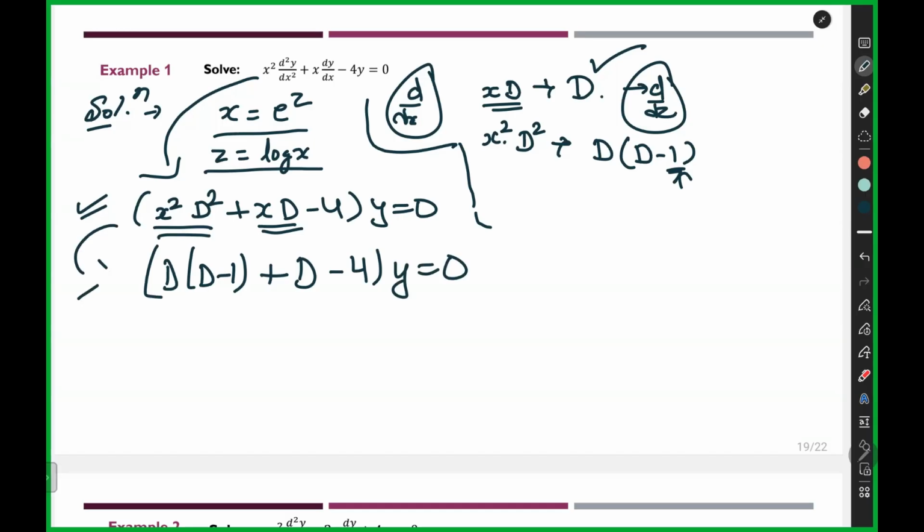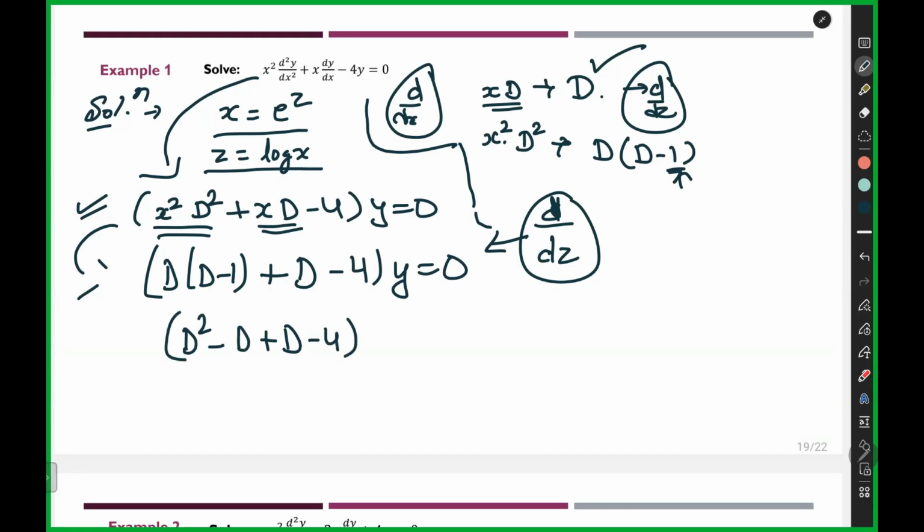So now you are dealing with the equation in d by dz, where you get the solution y as a function of z. Here it is D square minus D plus D minus 4 of y equals 0, so D square minus 4 of y equals 0.